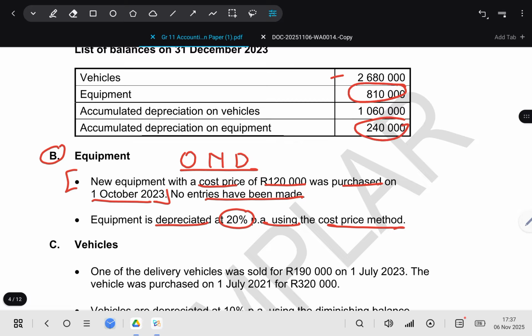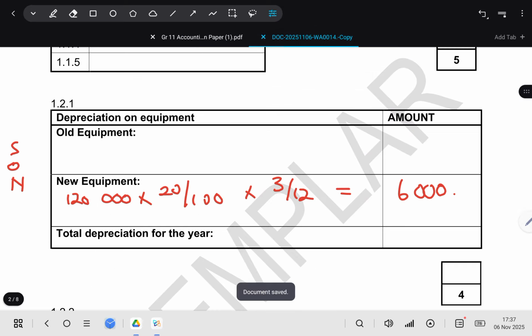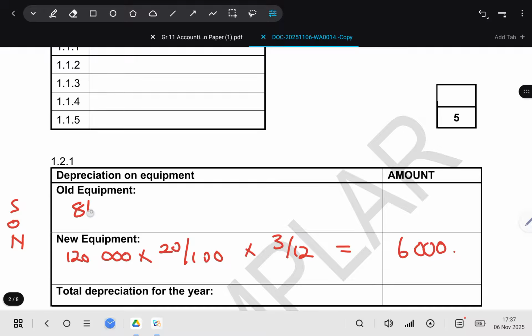So for the depreciation of the old equipment, we are going to say 810,000 multiplied by 20 over 100 and then multiplied by 12 over 12, because this was with us for the entire year. So we simply say 810,000 multiplied by 20 divided by 100, which will give us 162,000. I hope this makes sense, guys.